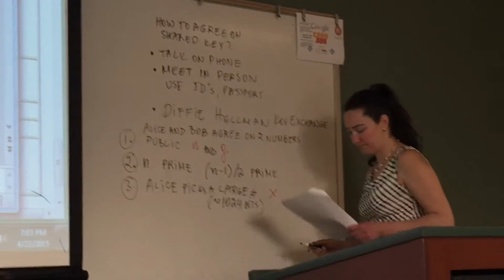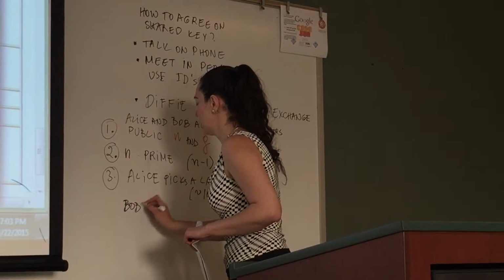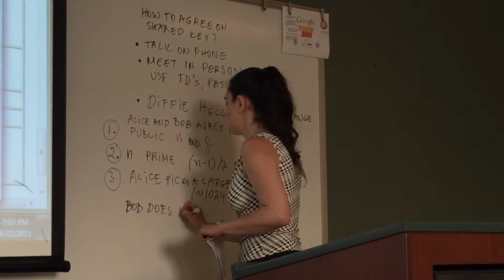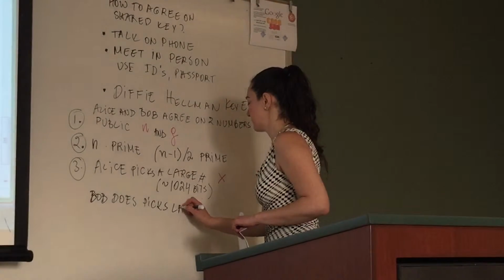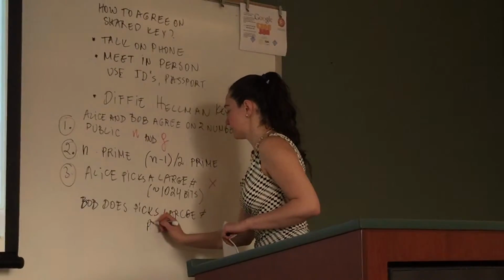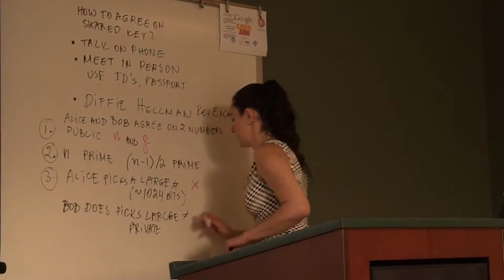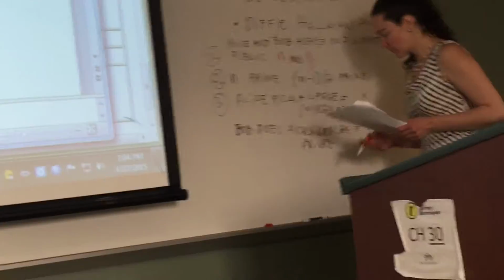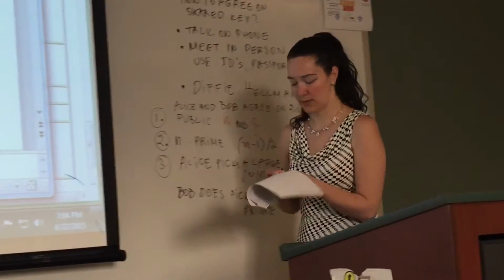She keeps it private. Bob does the same thing, so he picks his large private number. So for Alice it's X, for Bob it's Y.